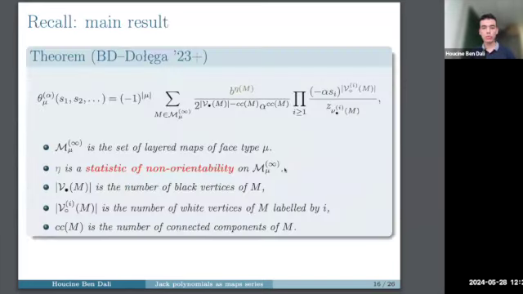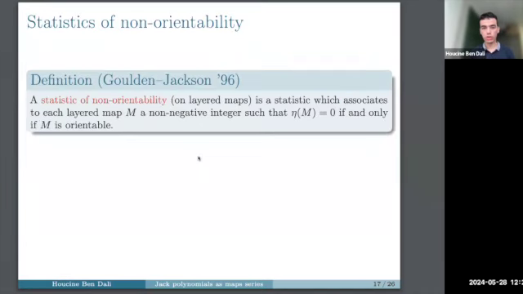There was one missing definition needed to understand this combinatorial formula for Jack characters: the statistic eta, which appears as the power of this shifted parameter b. These are called statistics of non-orientability and were first defined by Goulden and Jackson in the context of the b-conjecture, which is another conjecture relating Jack polynomials to enumeration of maps.